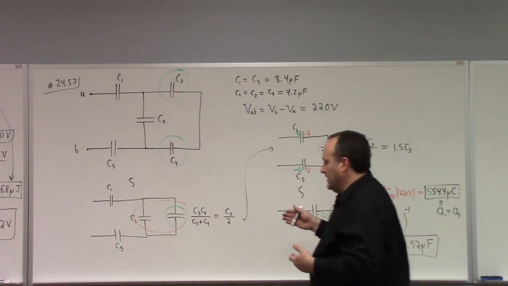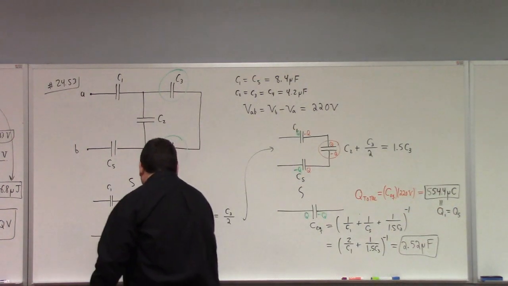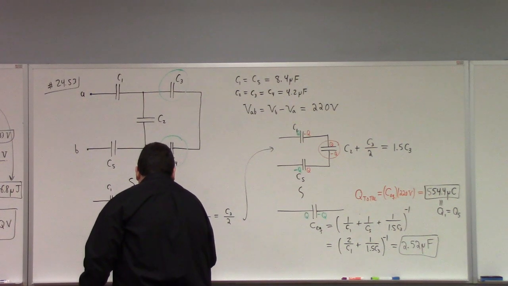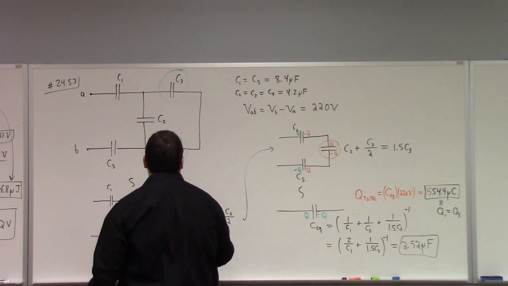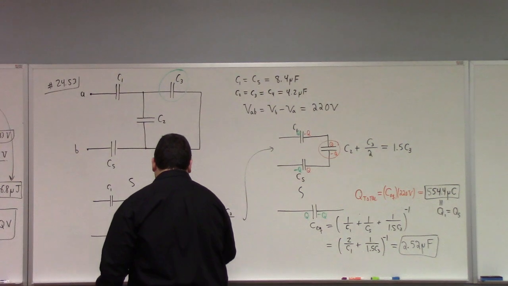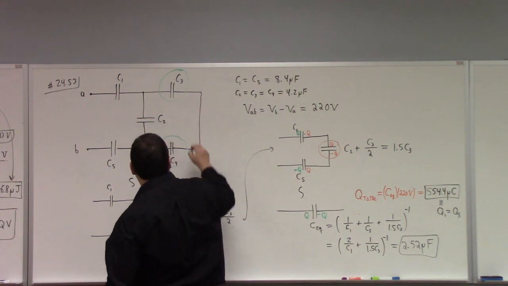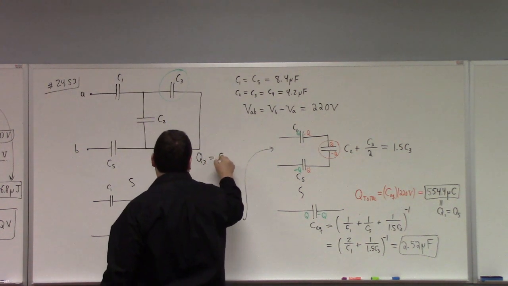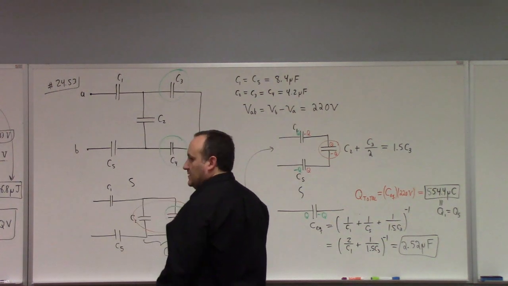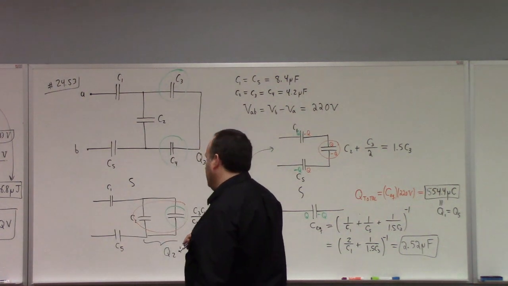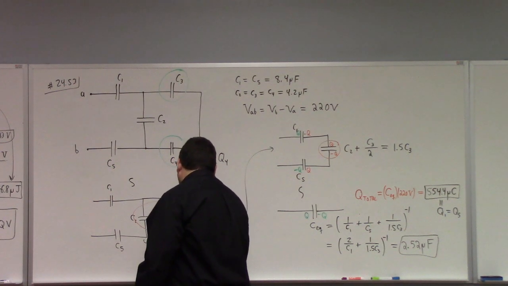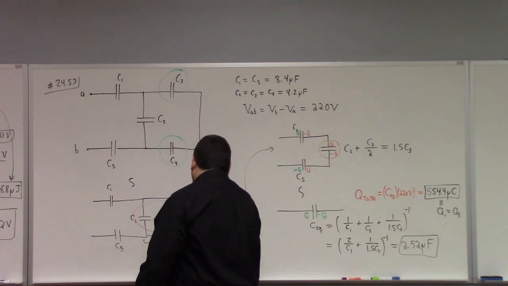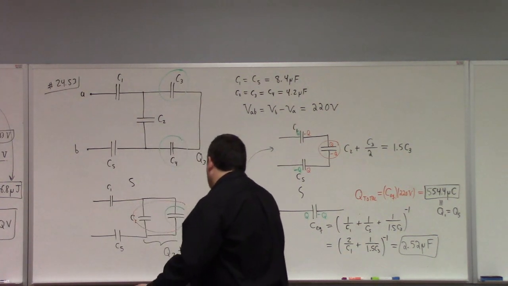What's perhaps more interesting is that there is Q2 plus, well, the thing is these are in series, right? So Q3 is equal to Q4. So whatever you want to put here, but Q2 plus Q3 has to be equal to Q1.